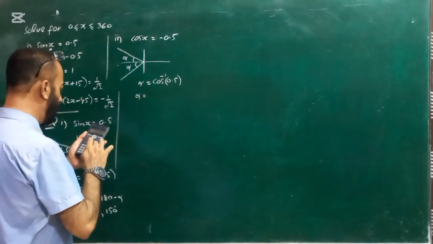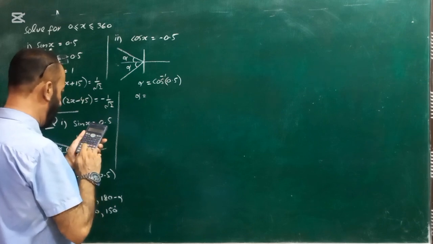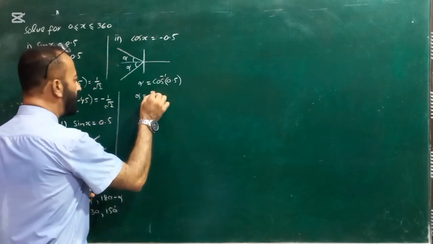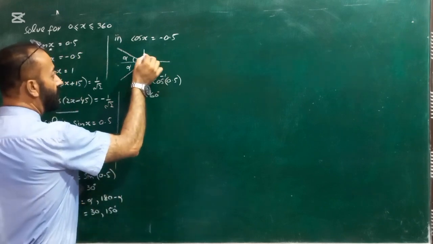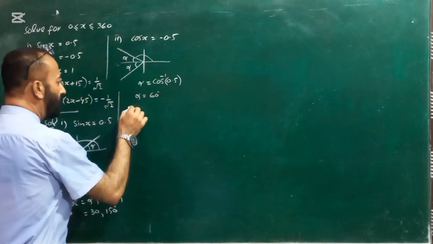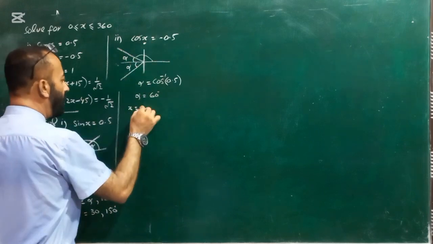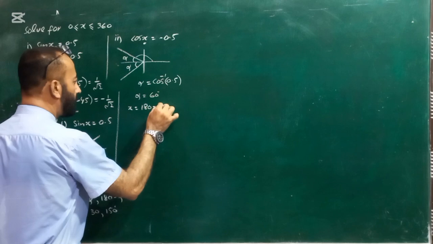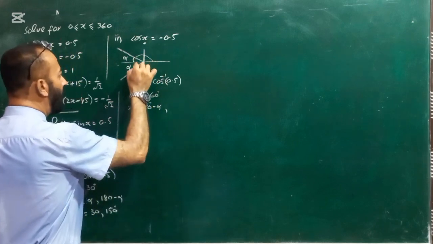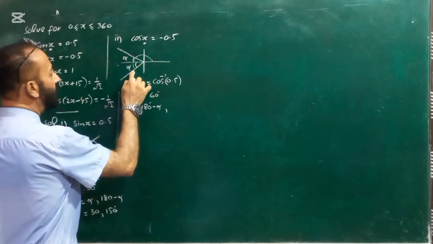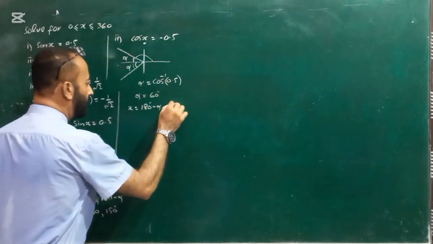So alpha will be equal to cos inverse 0.5, that will be equal to 60 degrees. Now moving from 0 degrees, first this one, so the original angle x will be equal to 180 minus alpha, and proceeding further up to this, this angle will be equal to 180 plus alpha.